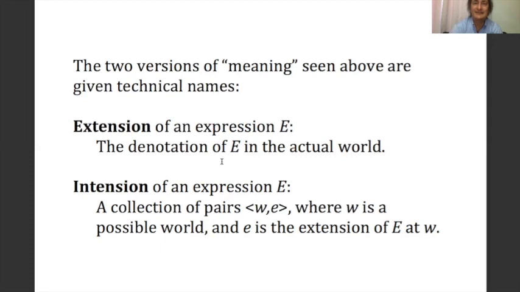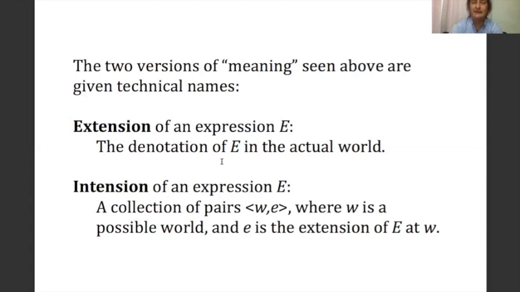The difference is extension is committed to a particular analysis of denotation. But other than that, it's essentially the same idea. So the extension of an expression is its denotation, usually at the actual world, but we're also going to talk about extensions at different worlds, okay?